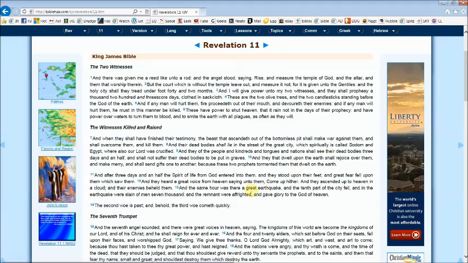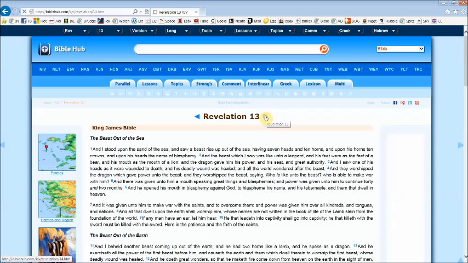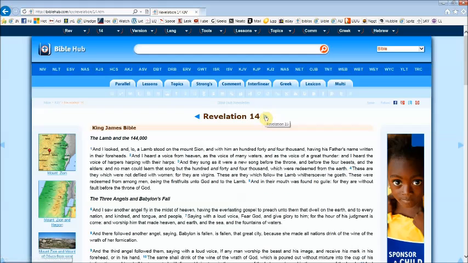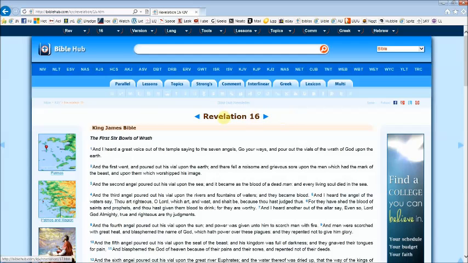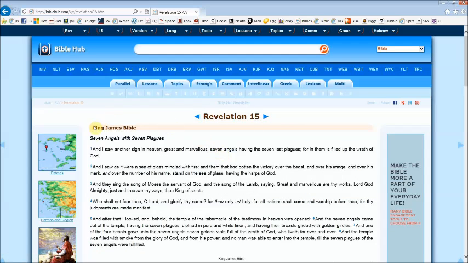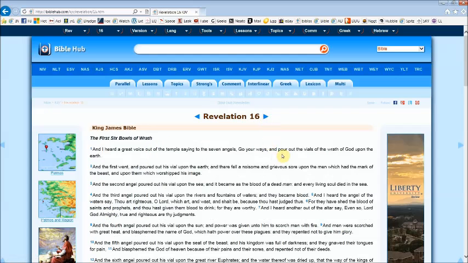The seventh trumpet goes from chapter 11 through chapters 12, 13, 14, 15, and in 15 we see the seven angels with the seven plagues, which is the seven bowls. And here they are just talking about them. They don't open yet until chapter 16. In my opinion, that means the seventh trumpet opens the seven bowls.